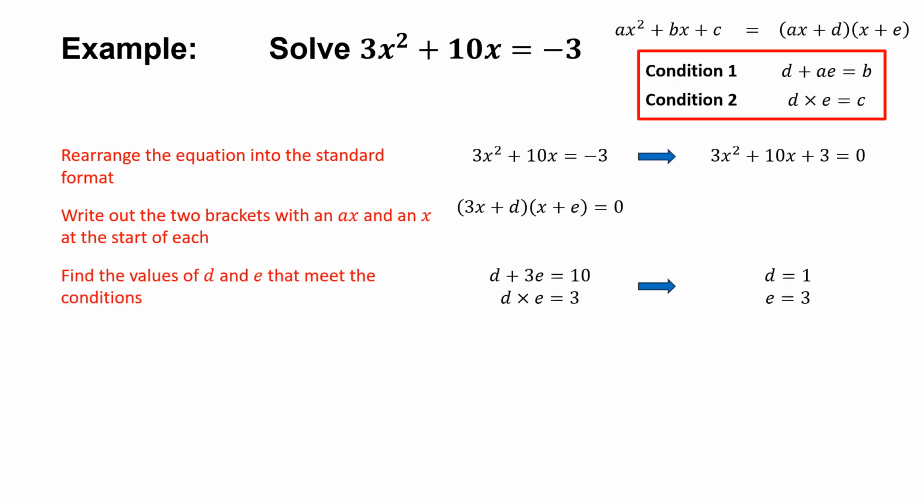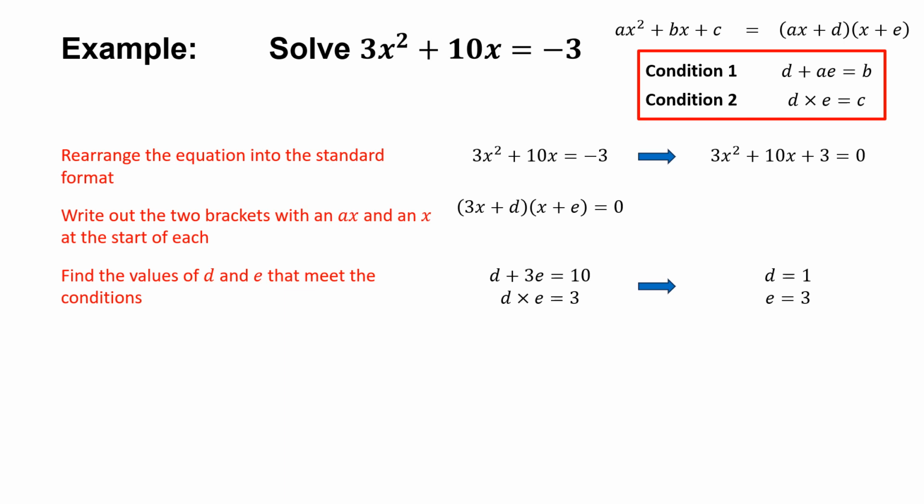So what are our conditions now? Our conditions are that, remember, it's d plus a times e equals b. So the b term is going to be 10, and the a term is 3. So we have d plus 3e equals 10. And then, like before, we have d times e is equal to c, and in this case, c is just plus 3.